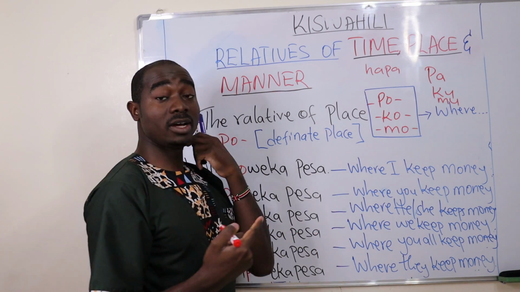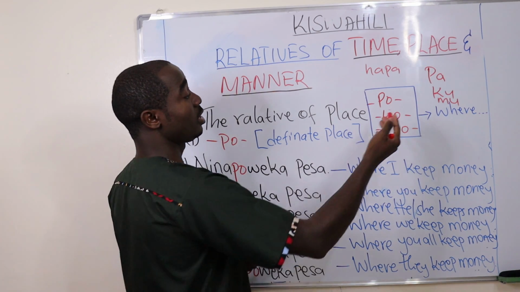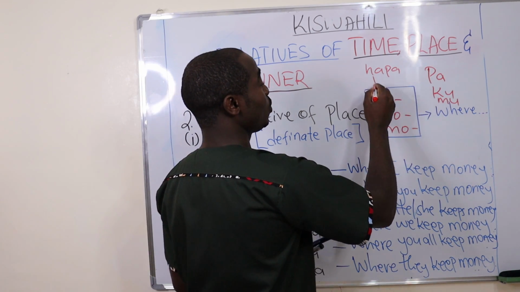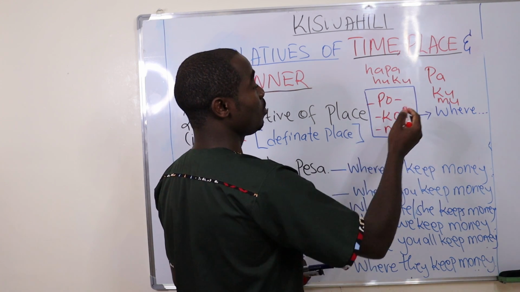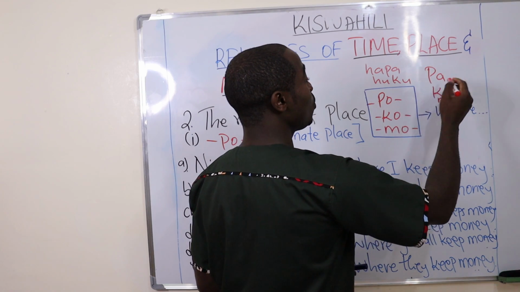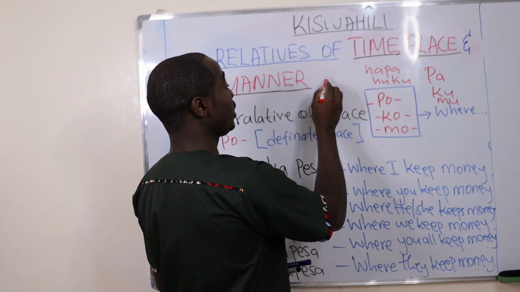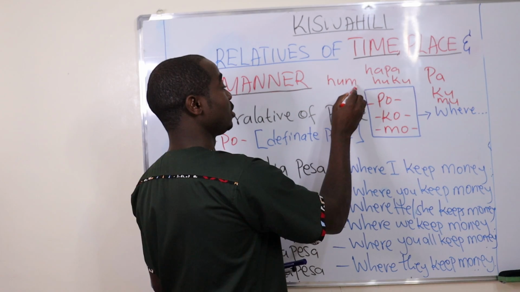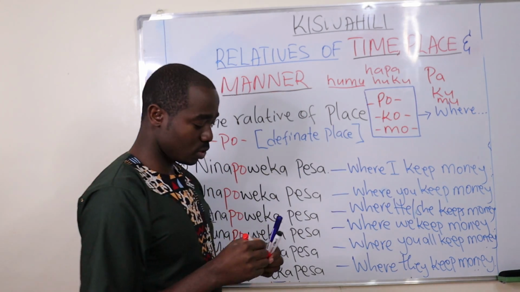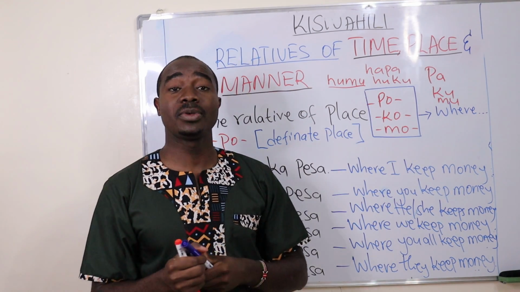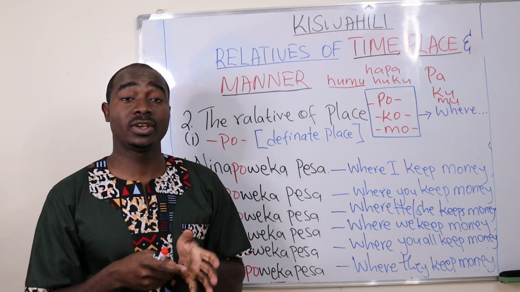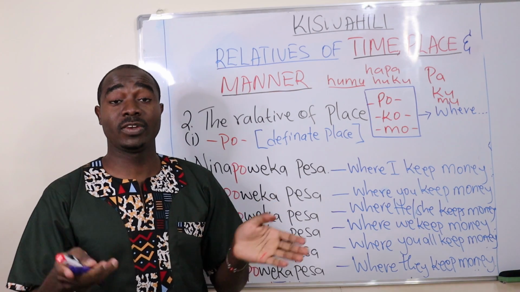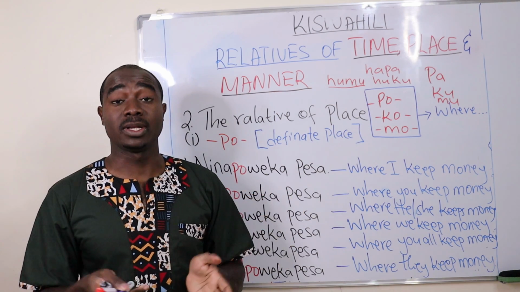Like hapa, here. Then huku. Then mu is humu, where you will write humu here. So hapa, when you tell someone come here, kuja hapa, or njoo hapa, this place is specific, come to this specific place, definite place.